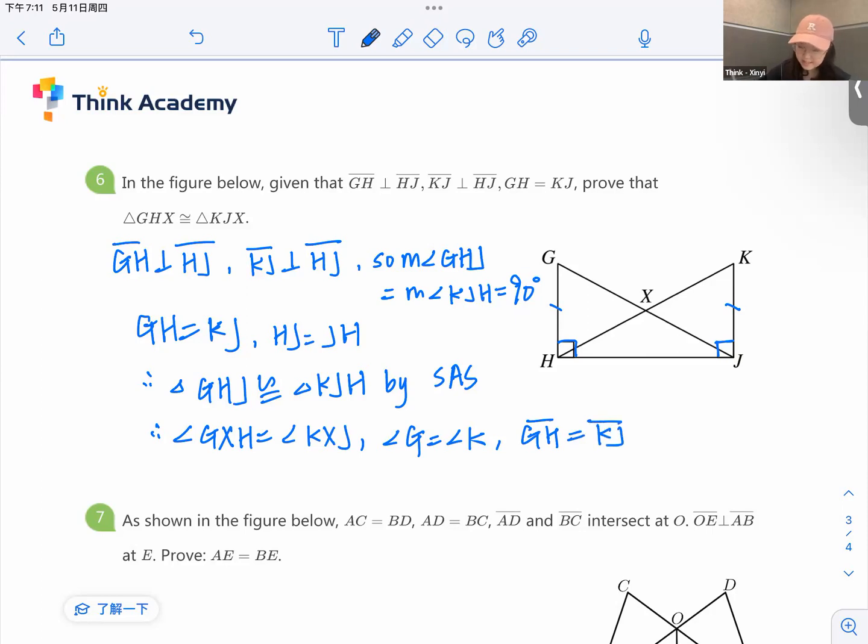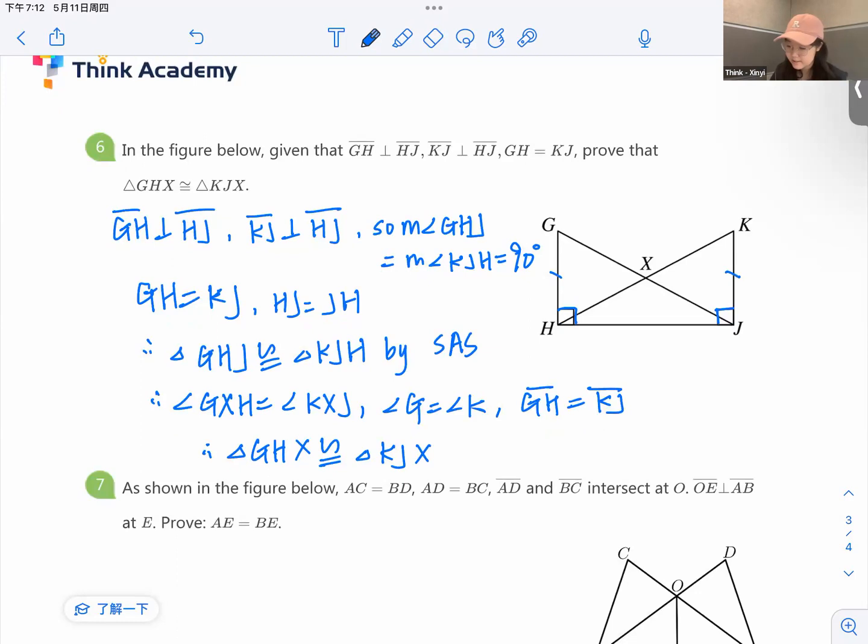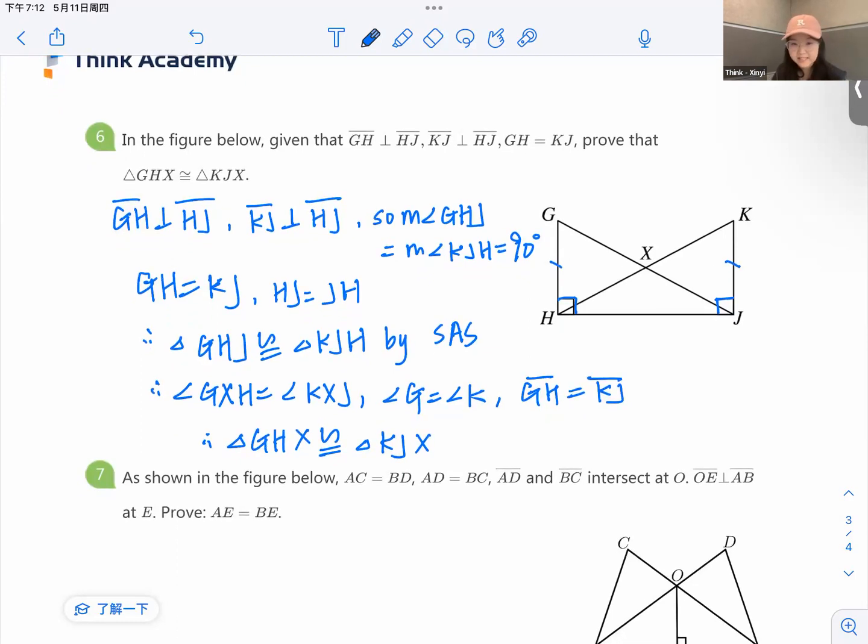So by AAS, we can prove that the triangle GHX is congruent to the triangle KJX. Okay, so here we review the SAS and the AAS to prove the congruent triangles. Okay, let's see the next question.